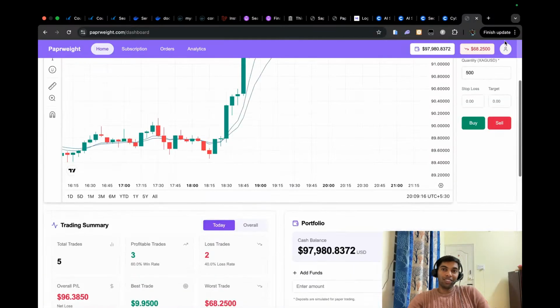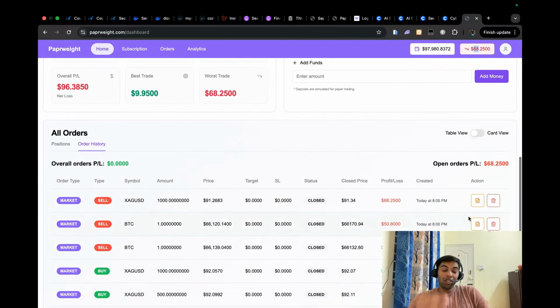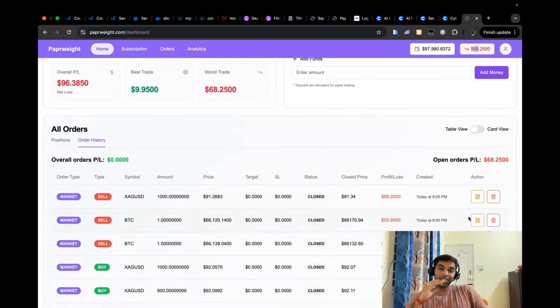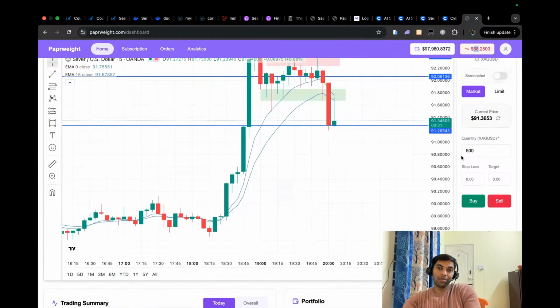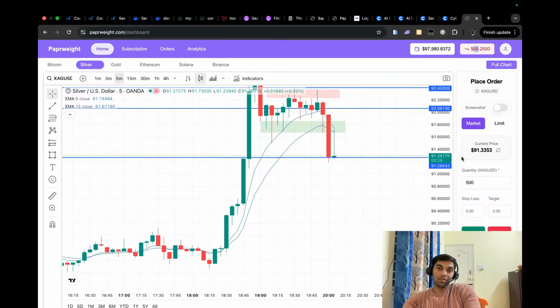Or like we just moved out at $68. It showed us $300 loss, guys, at some point of time. Crazy. I will sell again, but I have to wait for 20 more seconds to close this candle.